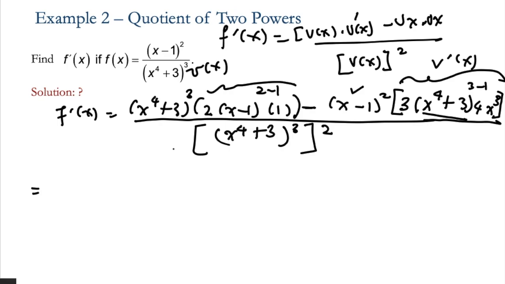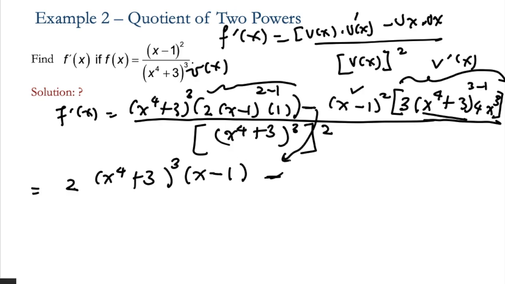So here you have what? Let's look at this bit. We can basically simplify it further, becomes like this. So 2x cubed plus 3. So 2 times (x to the power of 4 plus 3) cubed. Okay, and then you have (x minus 1), and then you have the minus sign, which is this.